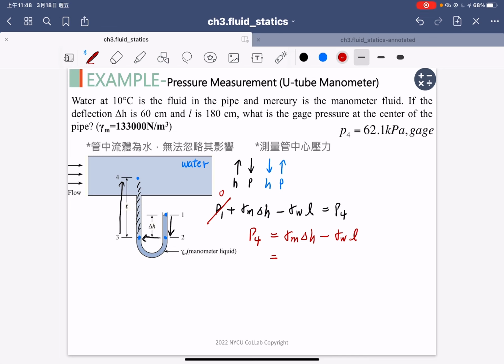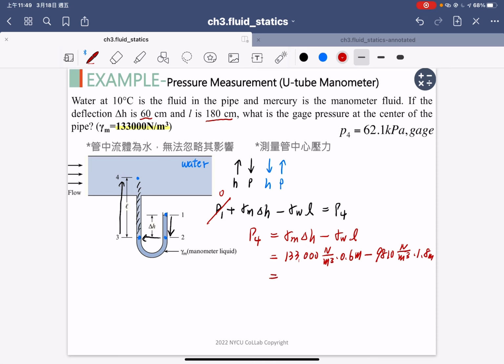And the gamma M, mercury, is 133,000 newtons per cubic meter, multiplied by delta H, here 0.6 meters, minus gamma W, 9810 newtons per cubic meter, and the L in here is 1.8 meters.